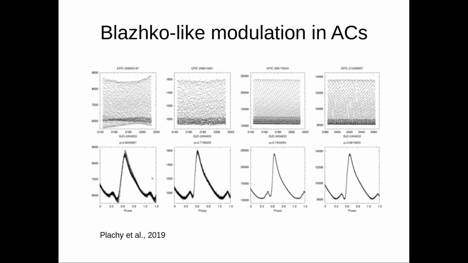She found these anomalous Cepheids, and the first two on the left-hand side are the ones that show the Blazhko effect, and it is a confirmed Blazhko effect. The Blazhko effect means that there is an additional change in the amplitude of the pulsation with a secondary period. And if you look at the whole light curve, you can see that it does change.